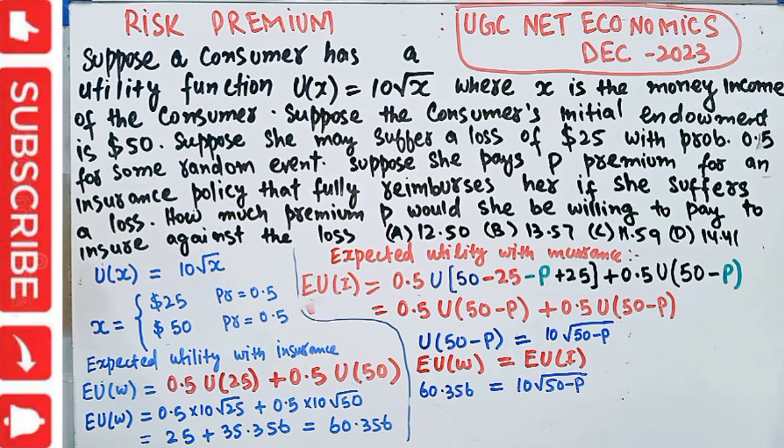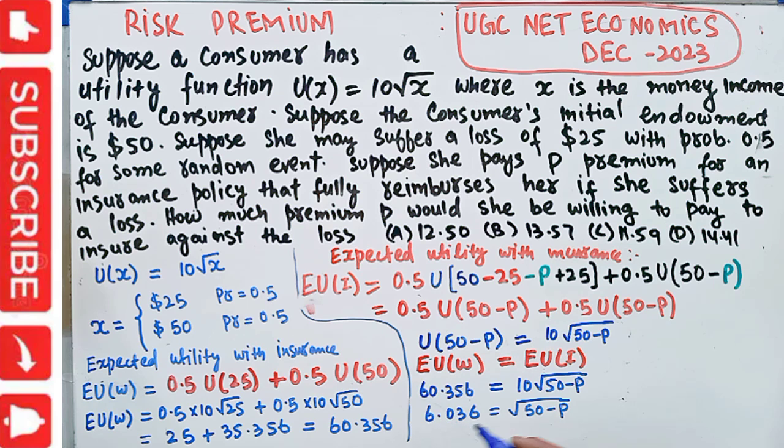P denotes the premium. Dividing both sides by 10, when we divide 60.356 by 10, we get 6.036 is equal to under root 50 minus P. Transposing this under root, it will become a square.